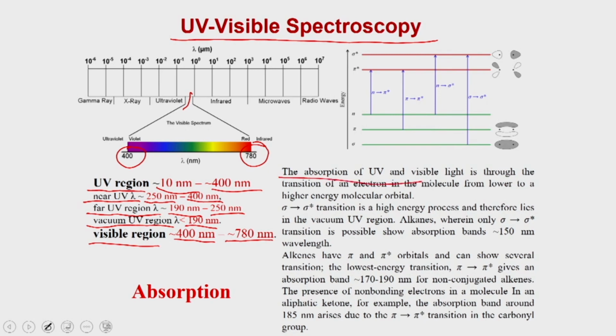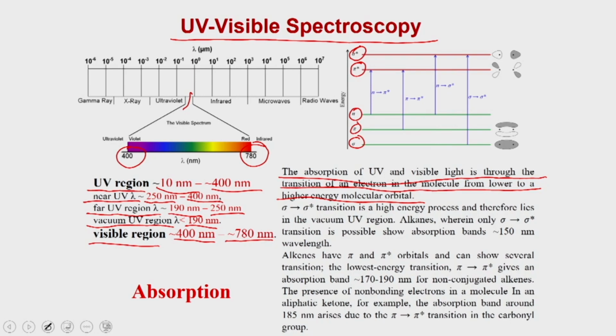The absorption of UV and visible light is through a transition of an electron in the molecule from a lower to a higher energy orbital. So, you can imagine that you have sigma, pi, n, pi star and sigma star, and all these are the different energy states from where the electron can go for higher transitions.